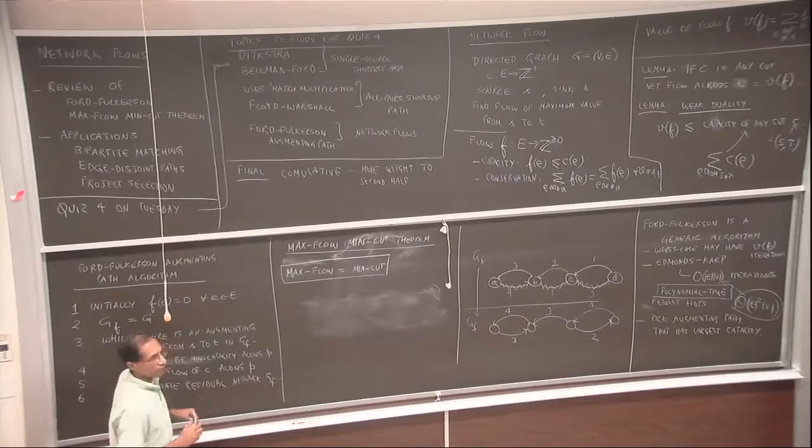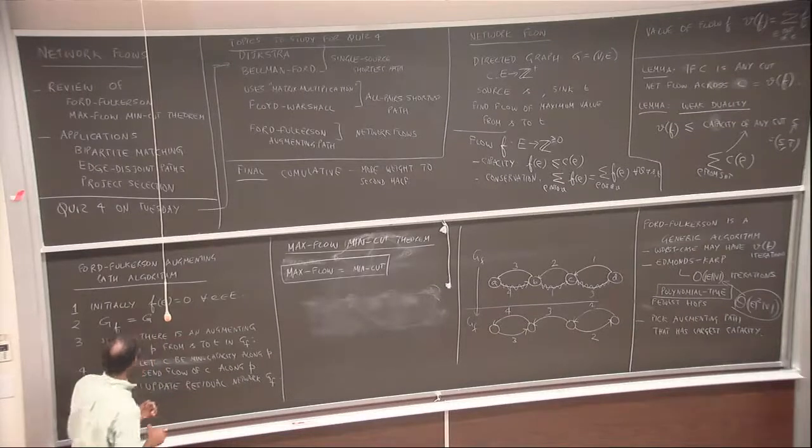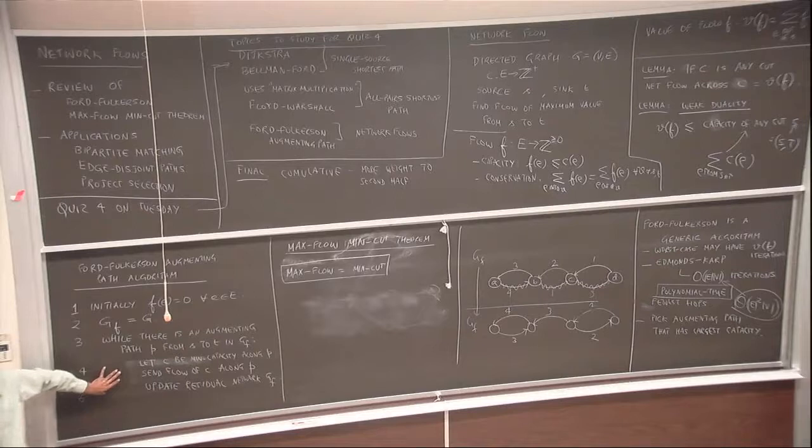Now the way we will argue that the value of the flow is actually equal to the minimum cut is we will argue that when this algorithm stops, at that time the value of the flow is actually equal to the minimum cut. So it cannot be bigger than that. And so that's essentially the proof that maximum flow is equal to the minimum cut.